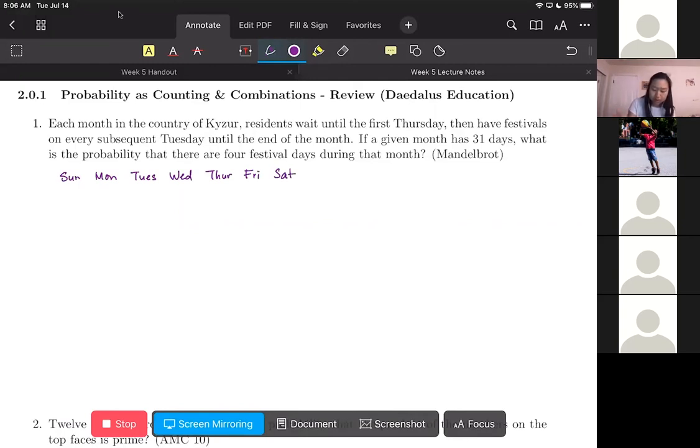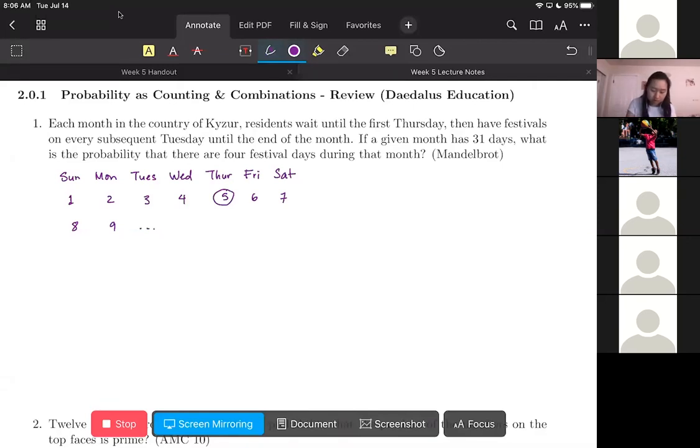So hypothetically, if the first of the month fell on a Sunday, then we would see, second is Monday, third is Tuesday, fourth is Wednesday, and so on, right? And then you would keep going. And what this problem is saying is if the month looks like that, then basically they wait until the first Thursday of the month, which is the 5th. And then every subsequent Tuesday until the end of the month, they have a festival.